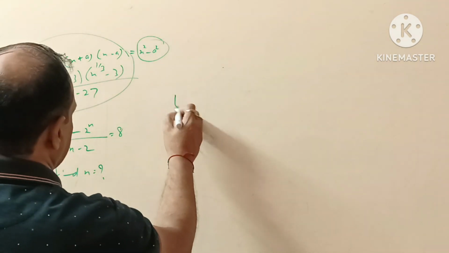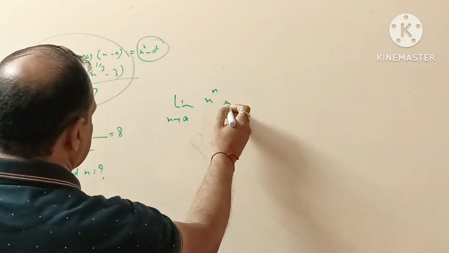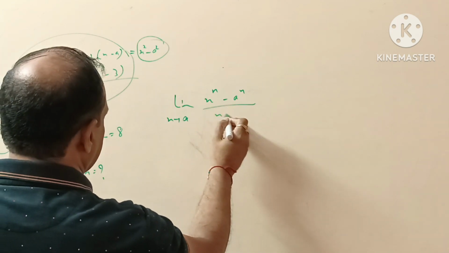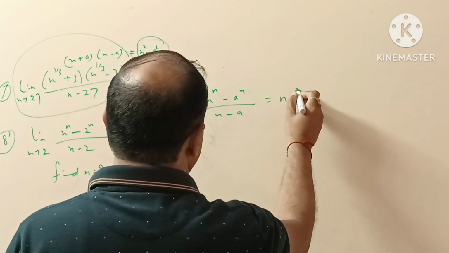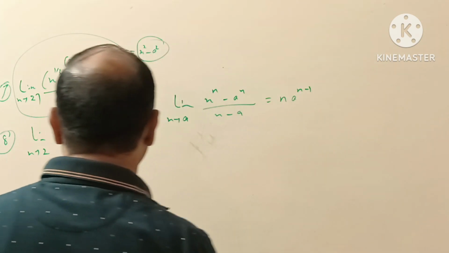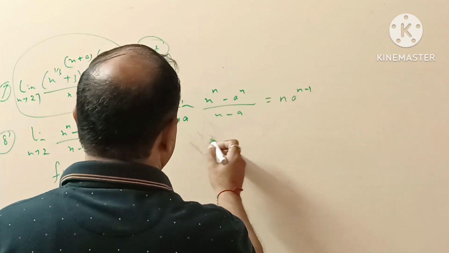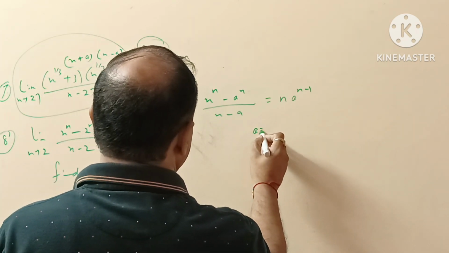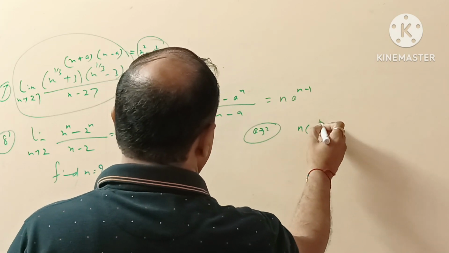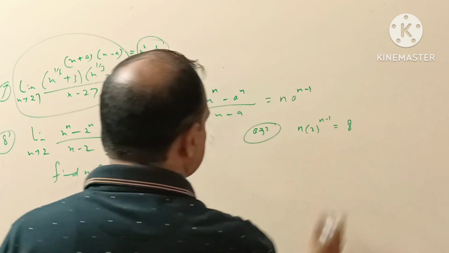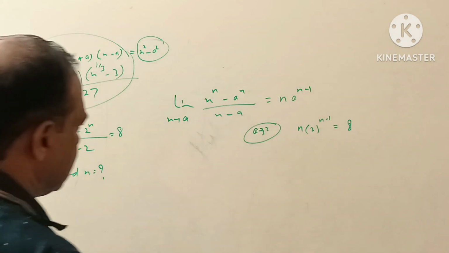The formula says if you have the limit x tends to a of x raised to power n minus a raised to power n over x minus a, this can be rewritten as n times a raised to power n minus 1. And here a is 2. Therefore it can be written as n times 2 raised to power n minus 1 equals 8.